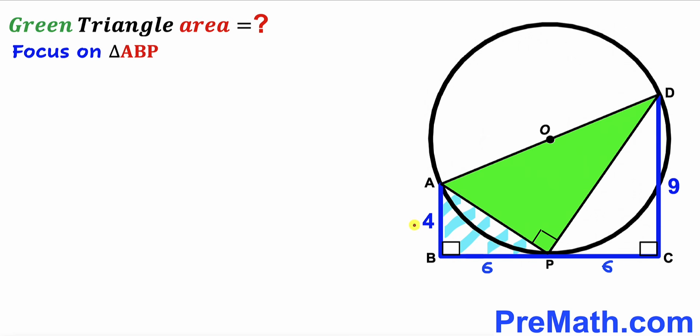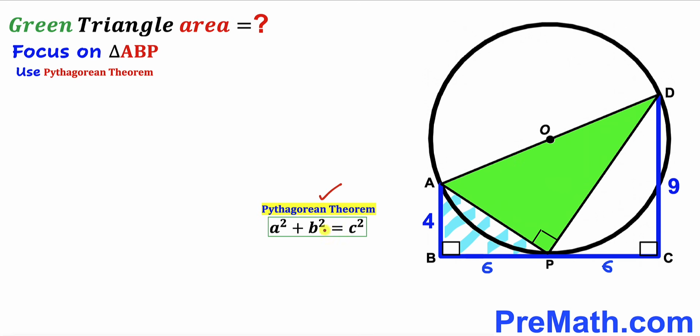And now we are going to focus on this right triangle ABP, and we are going to apply the Pythagorean theorem on this triangle to find the value of this hypotenuse AP. And here's our Pythagorean theorem: a squared plus b squared equals c squared. In our case our hypotenuse is AP, whereas our two other legs are 4 and 6. Let's fill in the blanks in this formula.